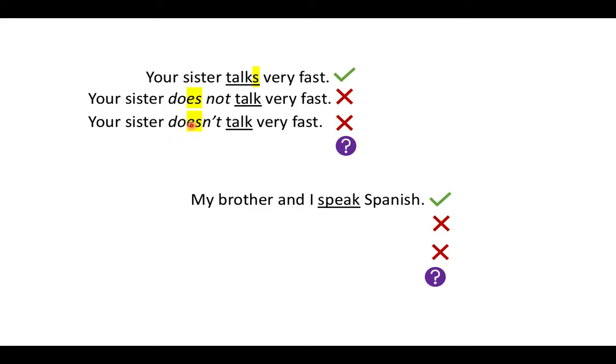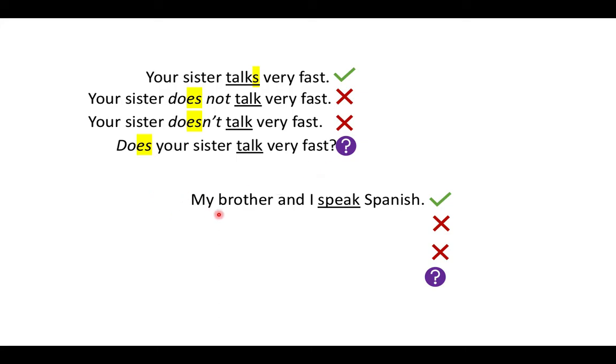This word means the same as this word, same. They just sound different. Your sister doesn't talk very fast. And to change it to a question, we just put do in the front before whoever we are talking about. So does your sister talk very fast?